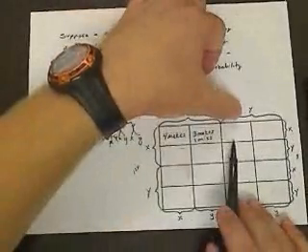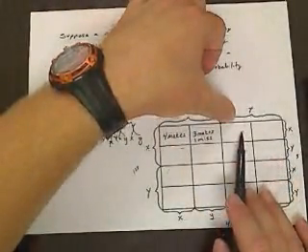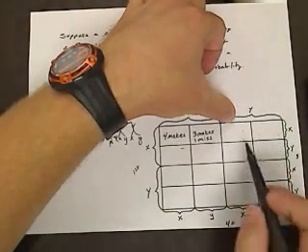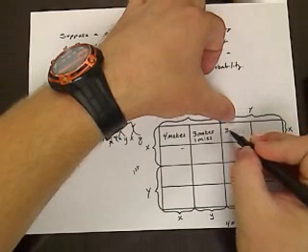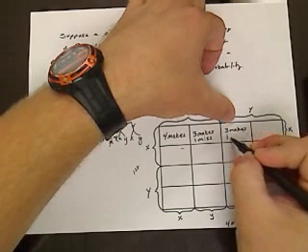This one, first shot make, second shot miss, third shot make, fourth shot make. So this is 3 makes and 1 miss.